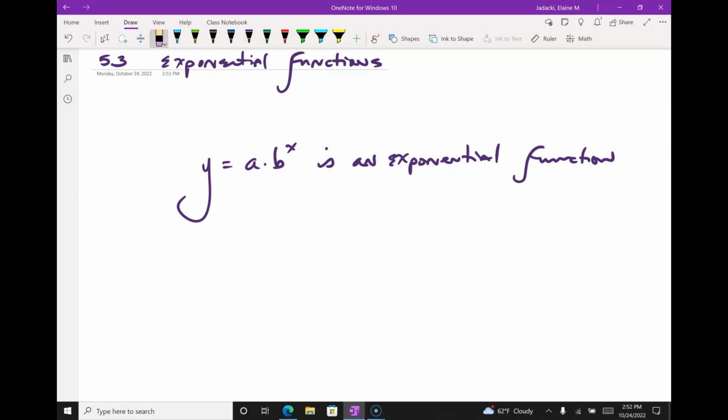Now, better yet, let me just say b to the x is an exponential function, where b is a real number, b is greater than 0, and b is not equal to 1.